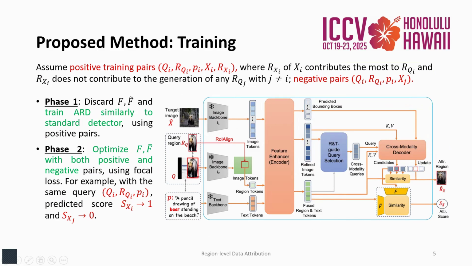The first one is the same as any standard detectors. And in the second phase, we only optimize the linear layers of the score head using the focal loss, such that the score predicted for xj from negative pairs is equal to 0, and the score predicted for the target image xi is equal to 1.